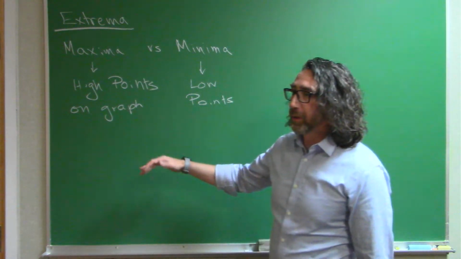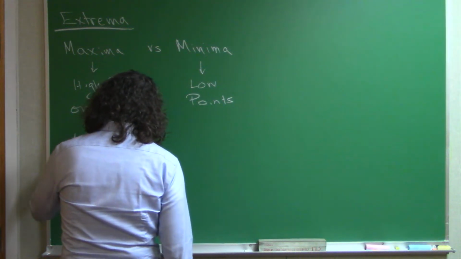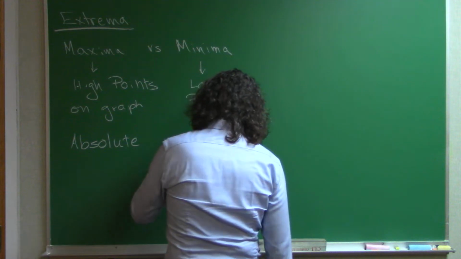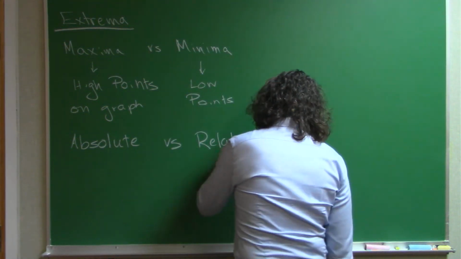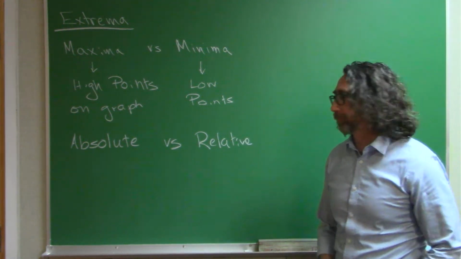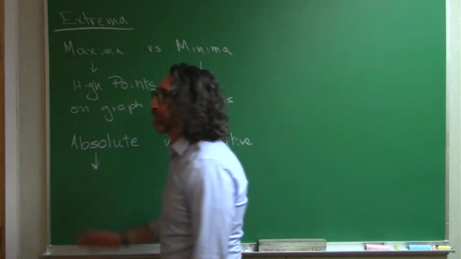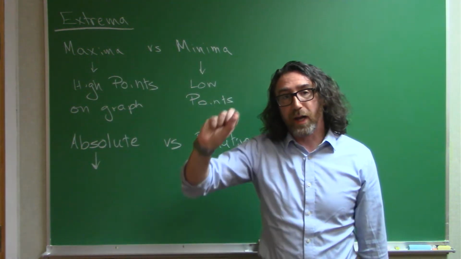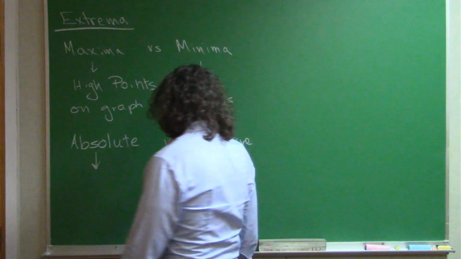And further, these come in two varieties: absolute and relative. When you're talking about absolute extrema, like an absolute maxima, that is the highest point anywhere on the graph.